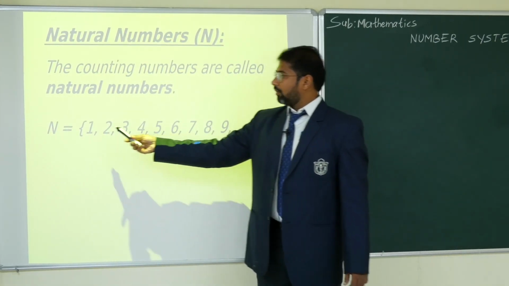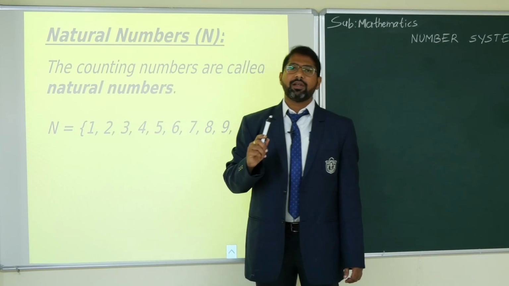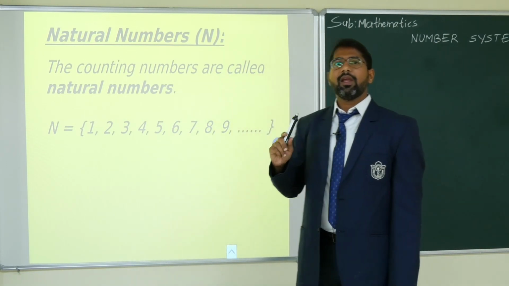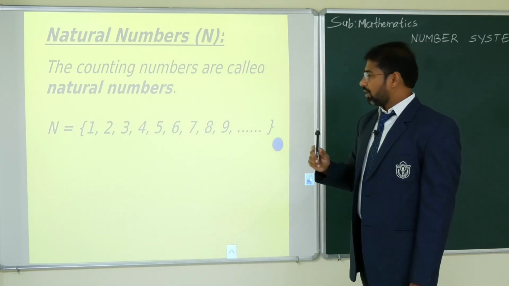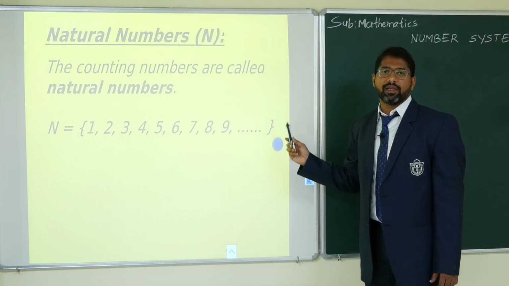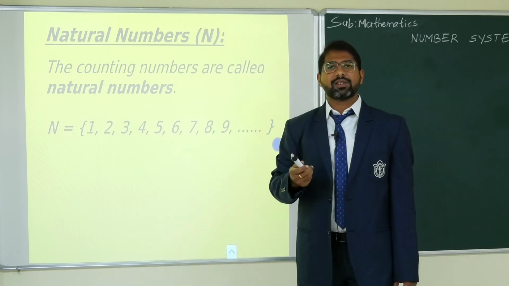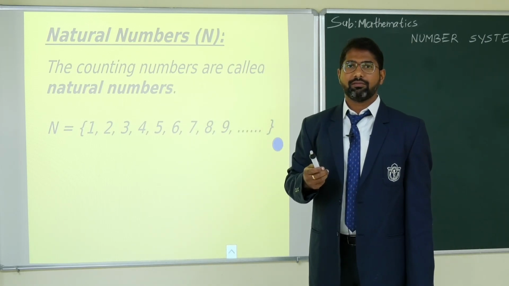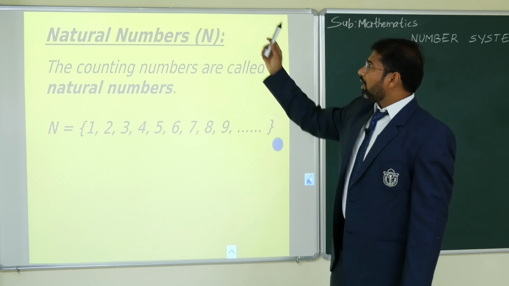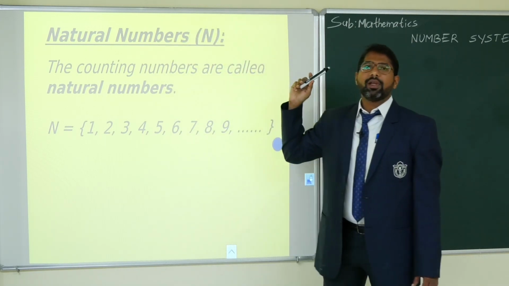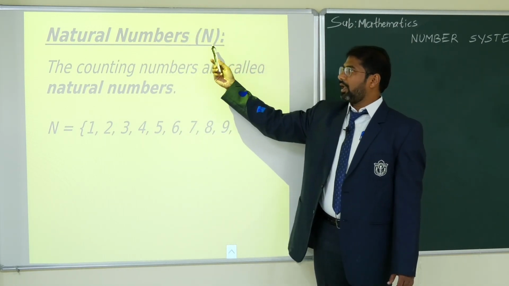Here 1 is the smallest natural number and the largest natural number does not exist, which means in terms of mathematics it is infinity. Also, natural numbers are denoted by capital letter N.